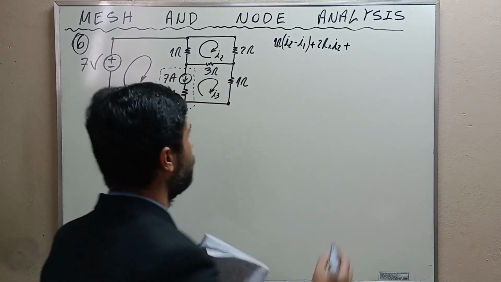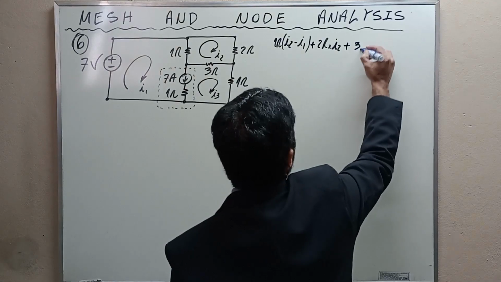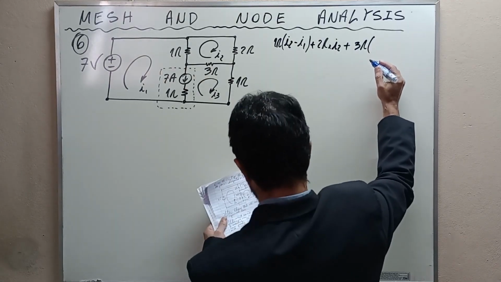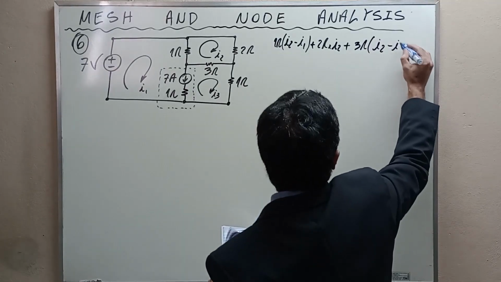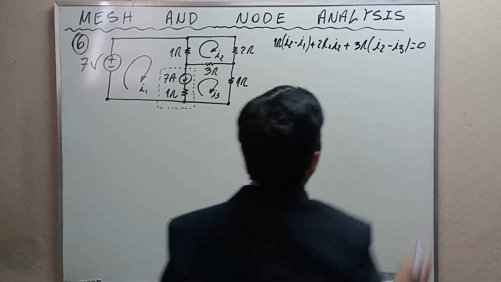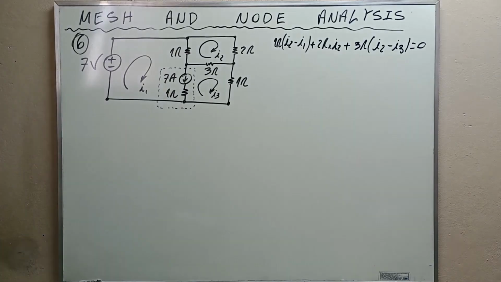Then it is going to be 3 ohms multiplying I2 minus I3, and this has to be equal to 0.